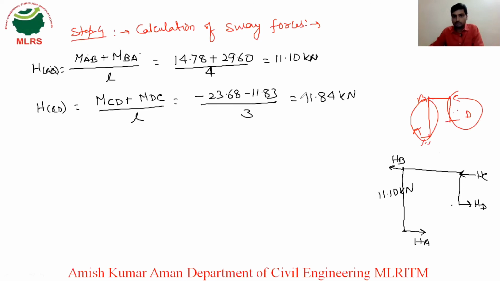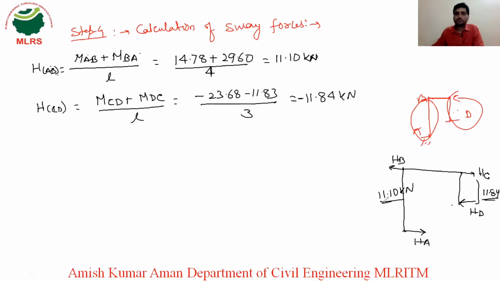So in minus. So we have considered this direction, but actually after calculation we got this minus. So minus means we have to change the direction here. So for this we will change the direction. So here it will be minus. If you are taking this as positive, so minus will be this. So your this is HD and this is your HC. Okay. For these two values we have calculated 11.84.